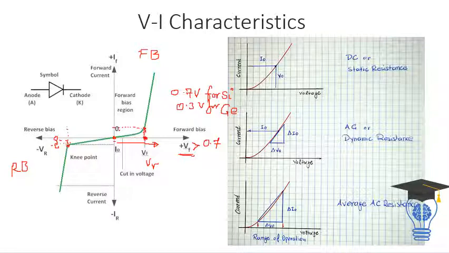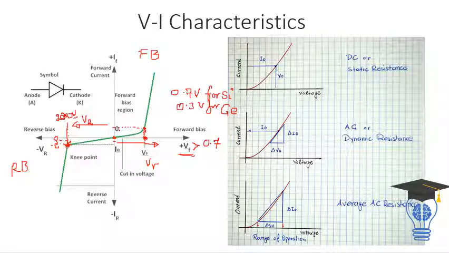As you increase the reverse voltage, that is negative reverse voltage, maybe of the order of 200 volts, the diode breaks down and suddenly starts conducting in the reverse bias region, which we call the breakdown voltage.